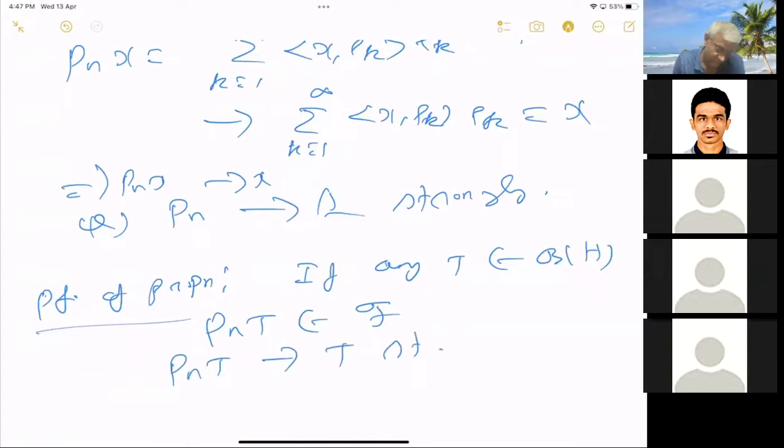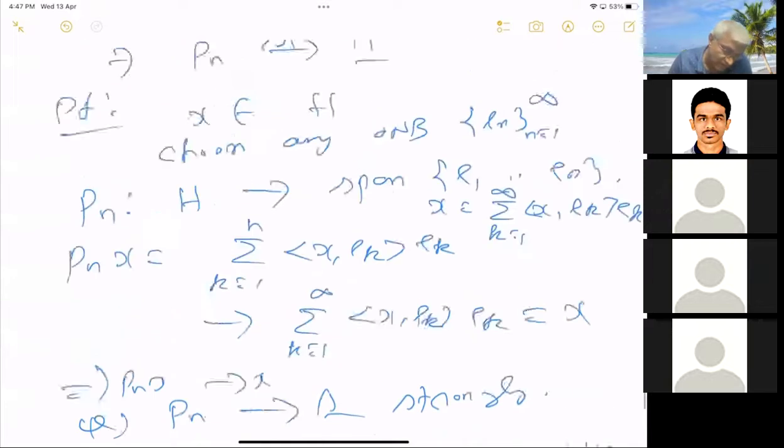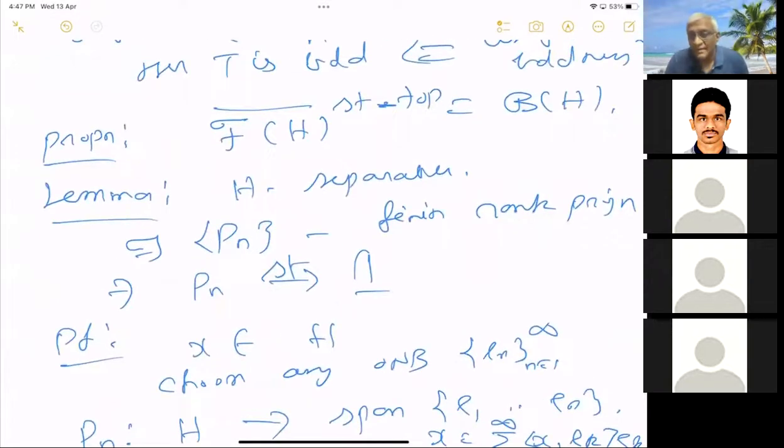Verify this. That is just clear. PnTx converges to Tx for all x in H by definition. So this implies that the closure in the strong topology is everything. But this is not true for the norm topology.